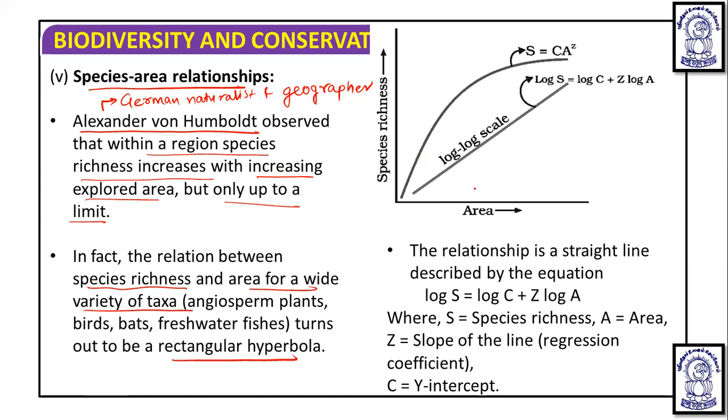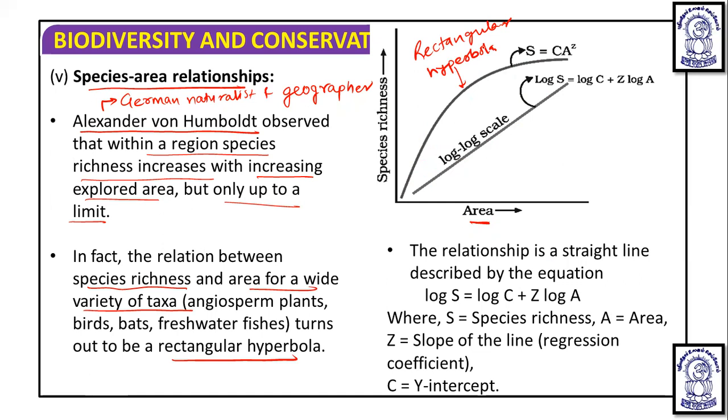As we increase the area, the species richness also increases. But on a log scale, it shows a straight line. Why does it show a rectangular hyperbola? Because after a certain period of time, in a particular area, the nutrients are going to be limited. So this is a rectangular hyperbola.